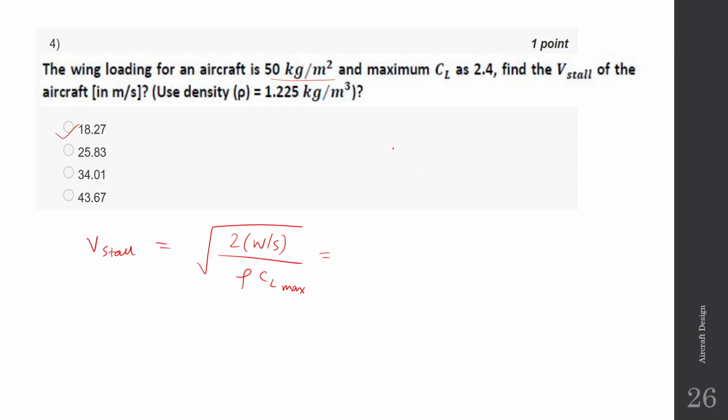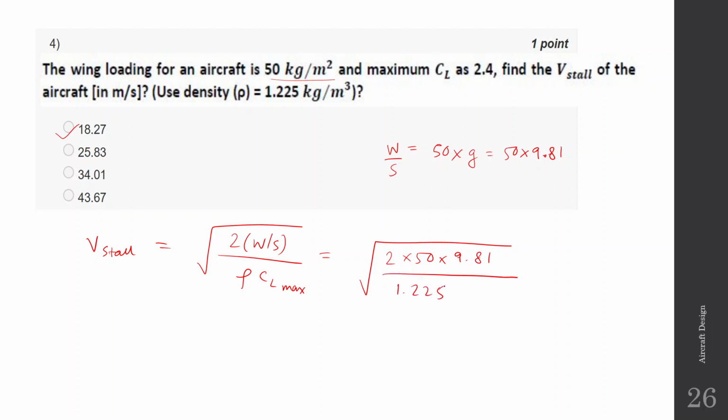So for that we have to multiply. W by S is actually 50 into G, which is 50 into 9.81. So we can calculate V stall as root of 2 into 50 into 9.81 by 1.225 into 2.4.